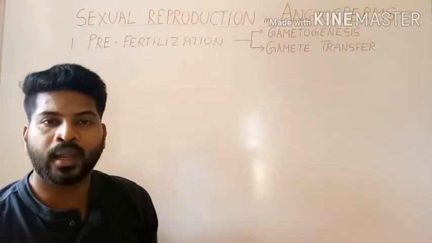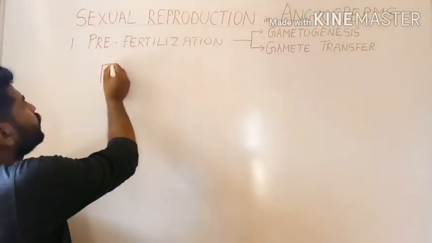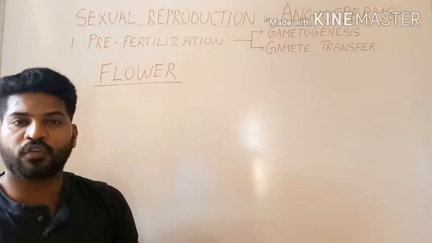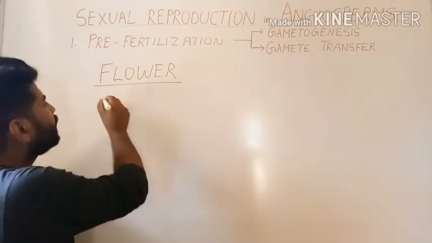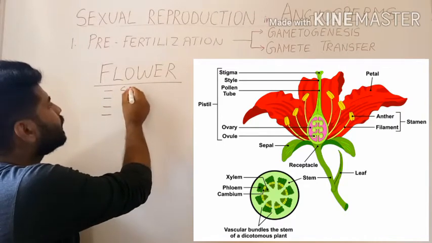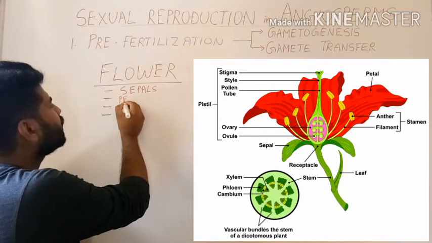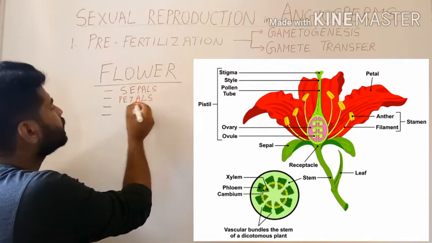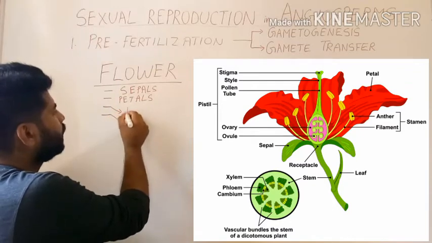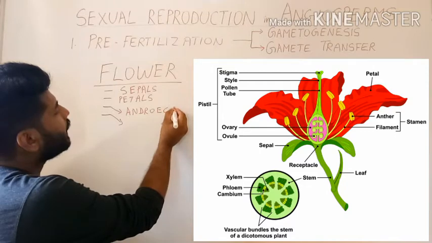If you look at the reproductive part of a plant, which is the flower, let us start the discussion with the structure of a flower. A flower consists of 4 main parts: the green sepals, the colorful petals, then the androecium and the gynoecium.